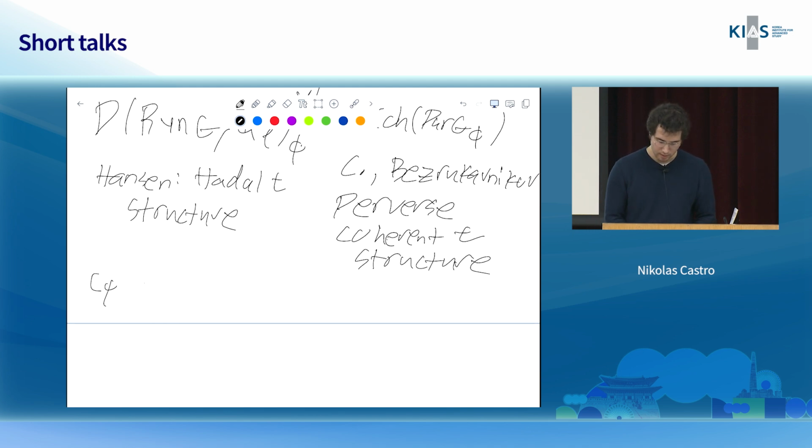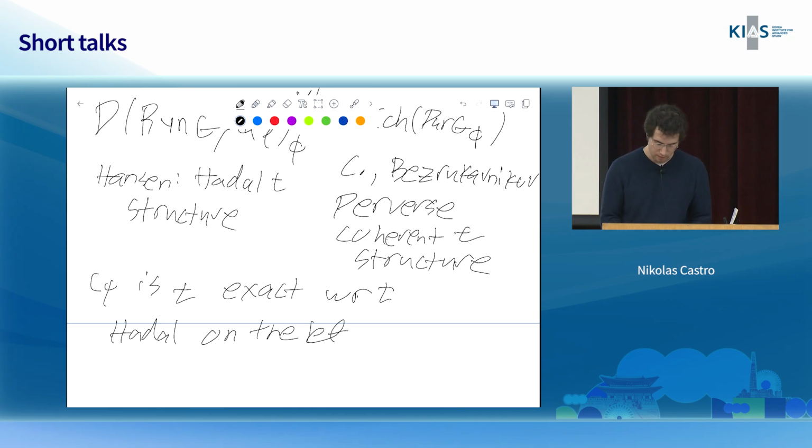And then this C phi is t-exact with respect to the Hodge on the left and perverse coherent on the right.